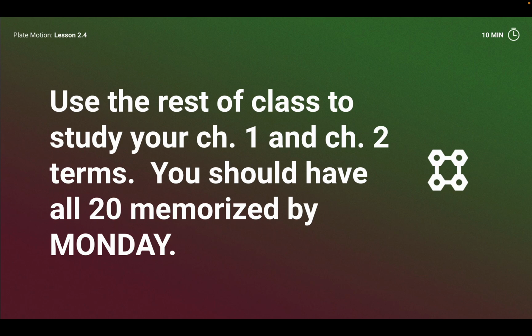You should have all 20 of those terms memorized by Monday. We're going to have our mid-unit assessment next Wednesday, and so you're going to need to really start working on Chapter 3 key concepts and terms. We only have 3 of those for Chapter 3, and so you need to be ready to go on Monday.